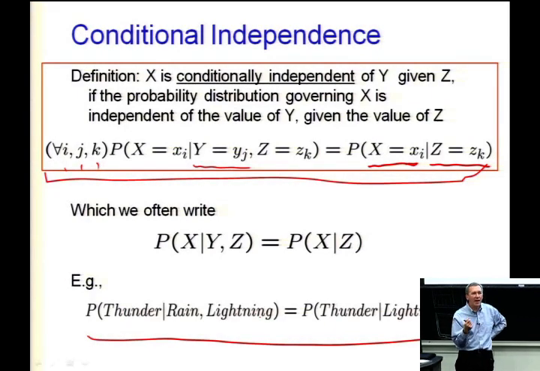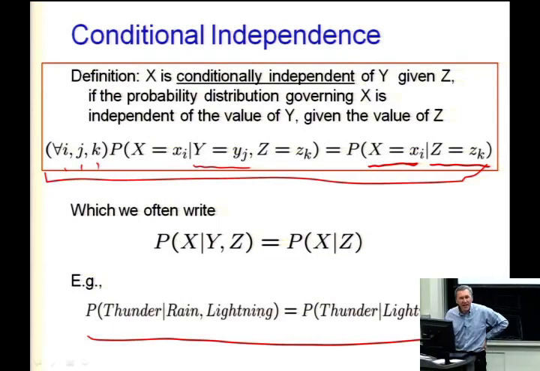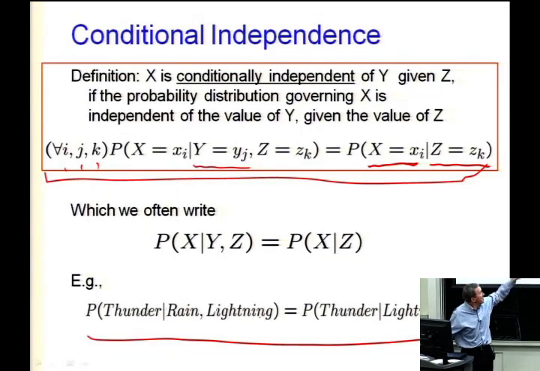And if we can also observe whether it's raining or not, that won't change our probability of there being thunder.